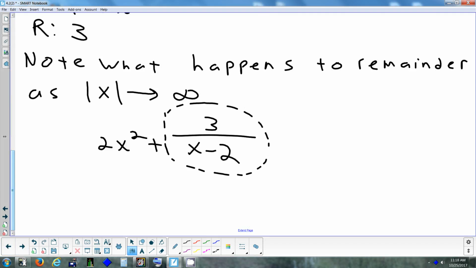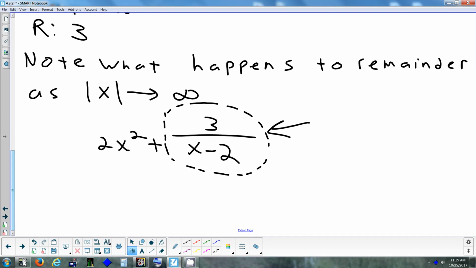So that's why when we're doing the end behavior asymptote, this part is insignificant. If x was a million, you'd have 3 divided by 999,998. It's basically 0. Now when x is small, like say x was 1, then you have 3 divided by 1 minus 2, which is negative 1. Then you get a much bigger number.